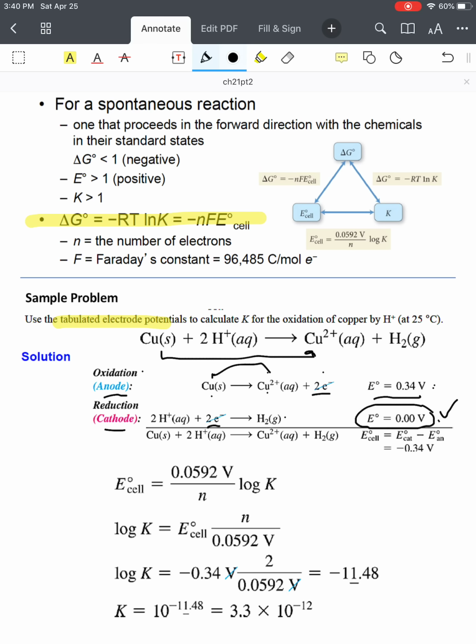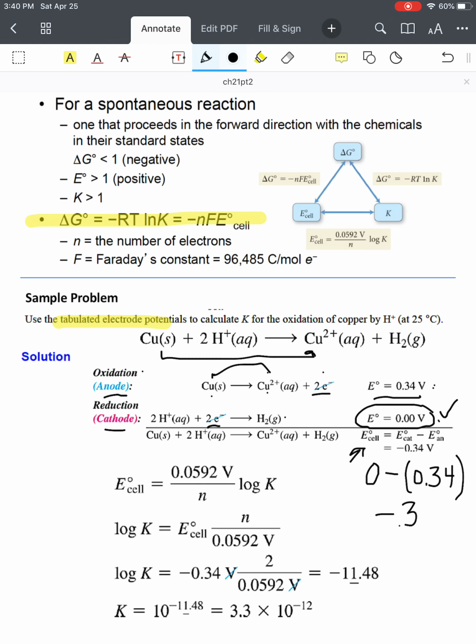Well, okay, I use my usual formula. E cell is my cathodic reaction minus my anode reaction. What's my cathodic reaction? It's the reduction. So 0 volts for my SHE, and I subtract the value for my copper. That's my anodic half reaction, or my oxidation.